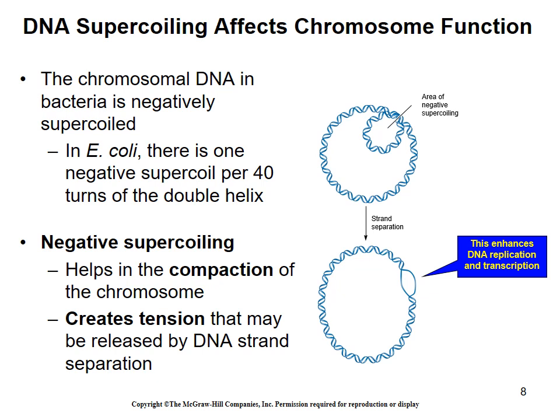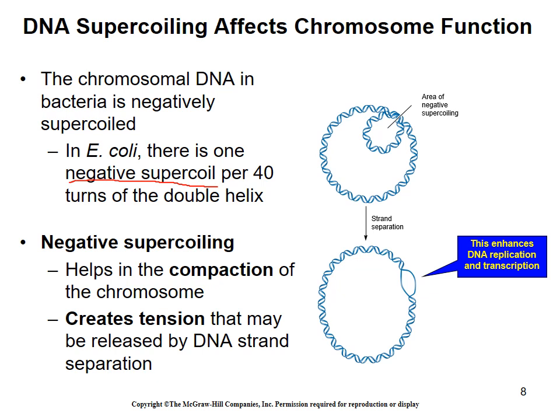Now, also what we see happening is that you can have what we call negative supercoils. Negative supercoils basically indicate that you altered the direction of the supercoil. So what do I mean by this?